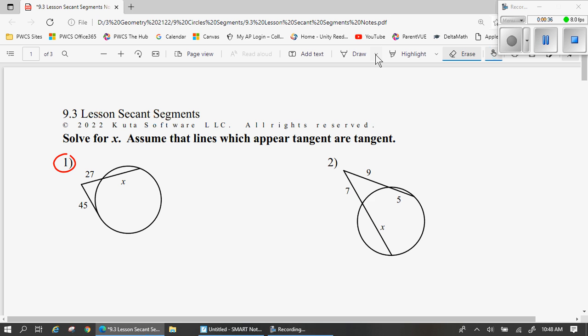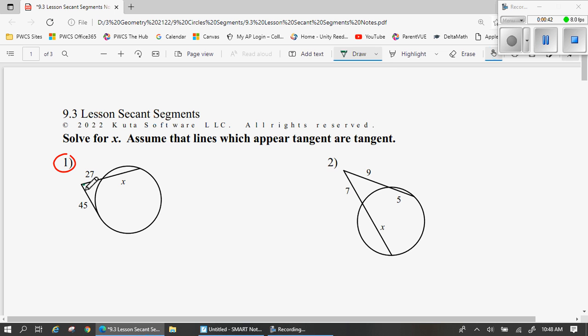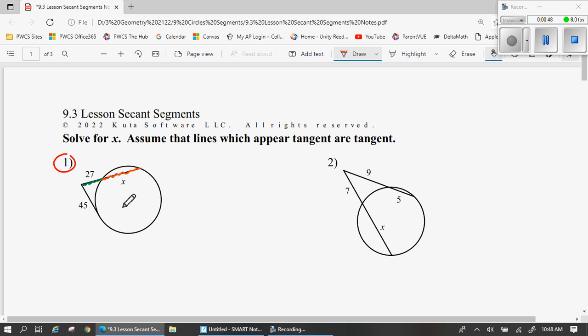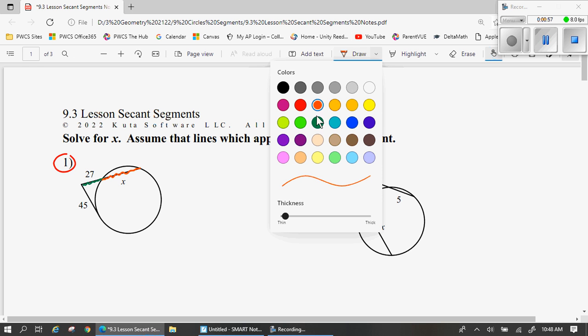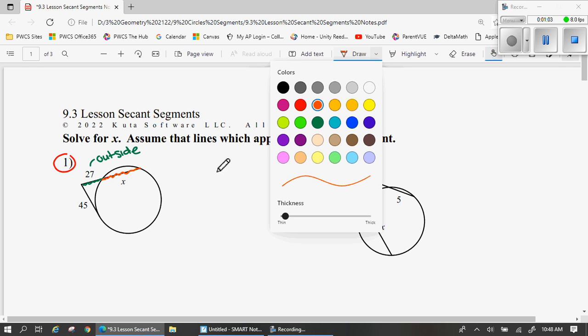And so what happens when I have a secant segment is the circle sort of breaks that segment up into two pieces. I have one piece here, and I have one piece here. And I'm going to talk in reference to the circle. The greenish teal piece is outside of the circle. And the orange piece is inside.